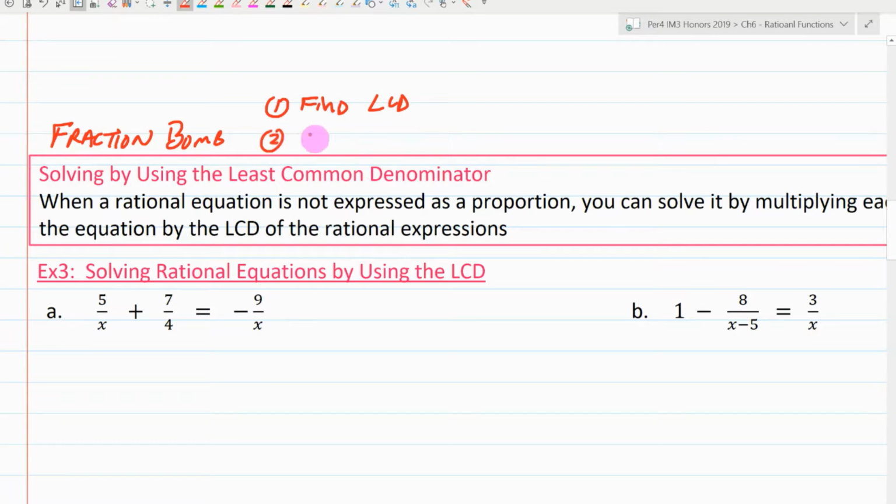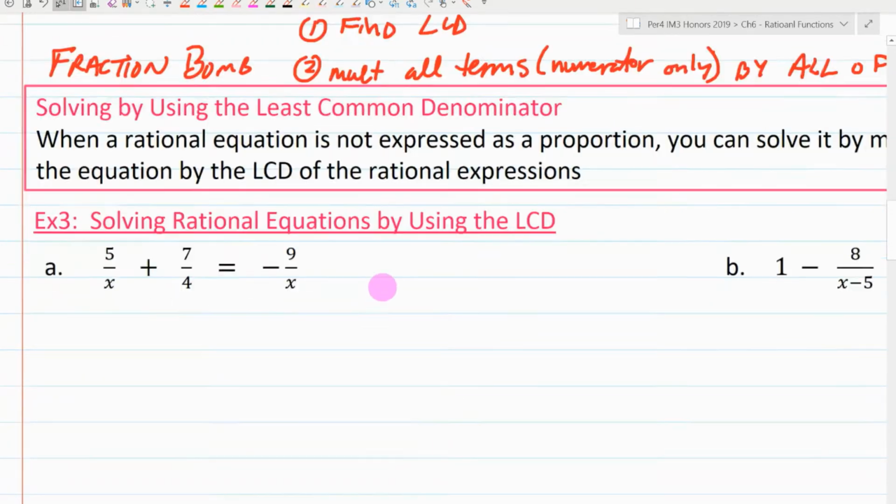And then number 2, you're going to multiply all terms, the numerator only, by all of the LCD. And what that's going to do is it's going to get rid of all your fractions.